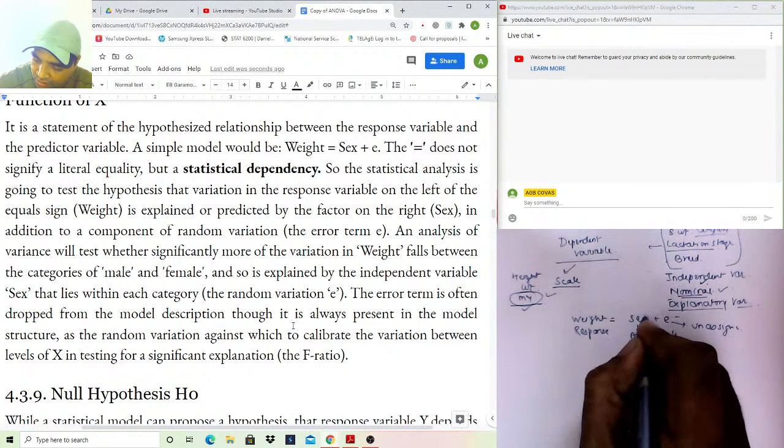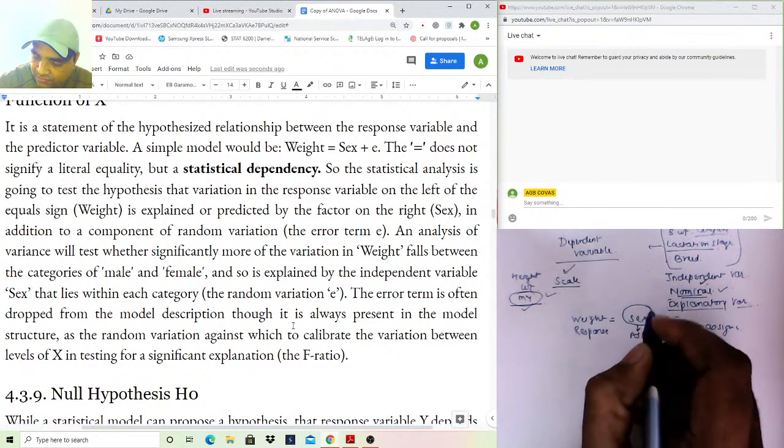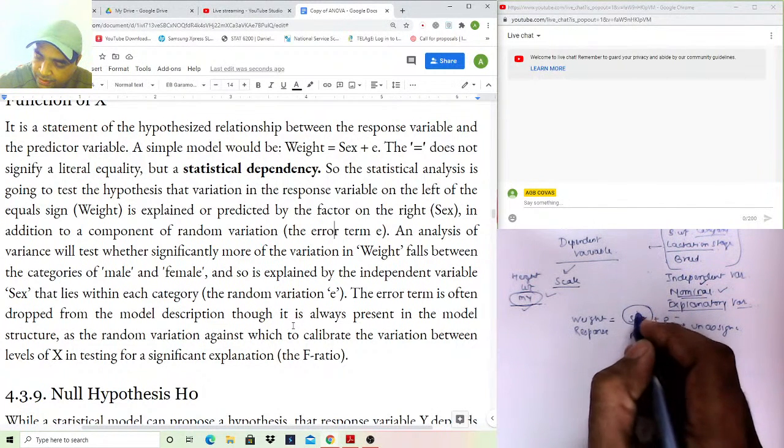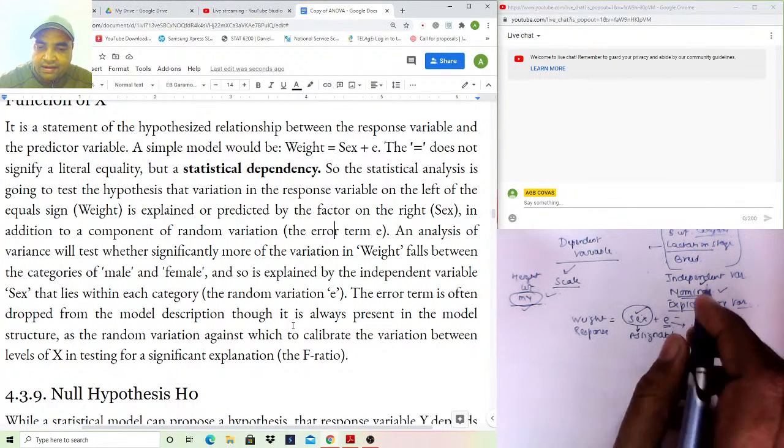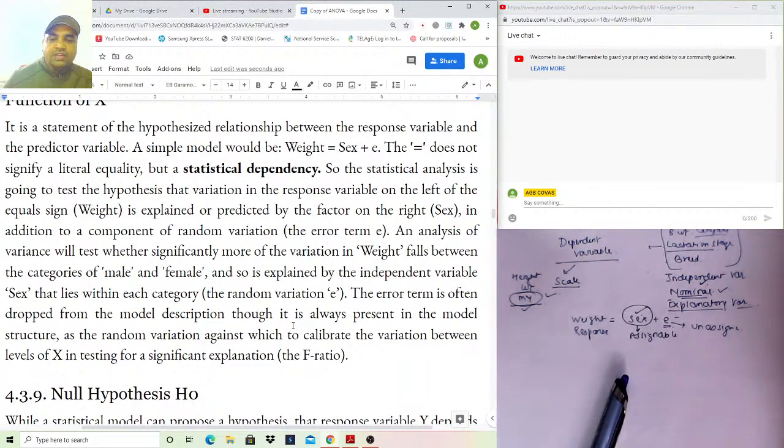Some of the variance will be calculated from this predictor, but the rest will go into the error, that is, what you cannot find out in your model about why this variation is coming in the weight.